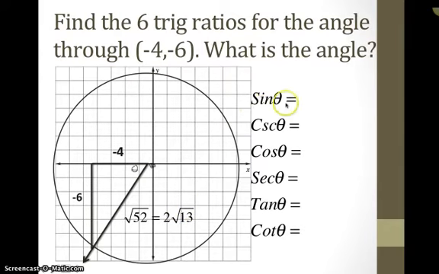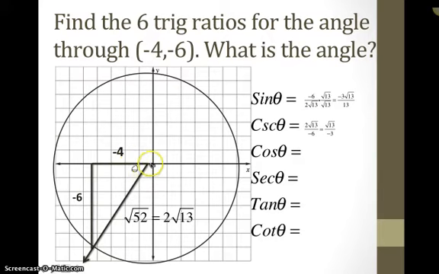So if I want to find sine of theta, here I see sine of theta is equal to opposite over hypotenuse, so I get -6 over 2 root 13, which can be simplified and rationalized to get -3 square root of 13 over 13. And cosecant is again 1 over that value, so I'm just going to flip this and simplify.